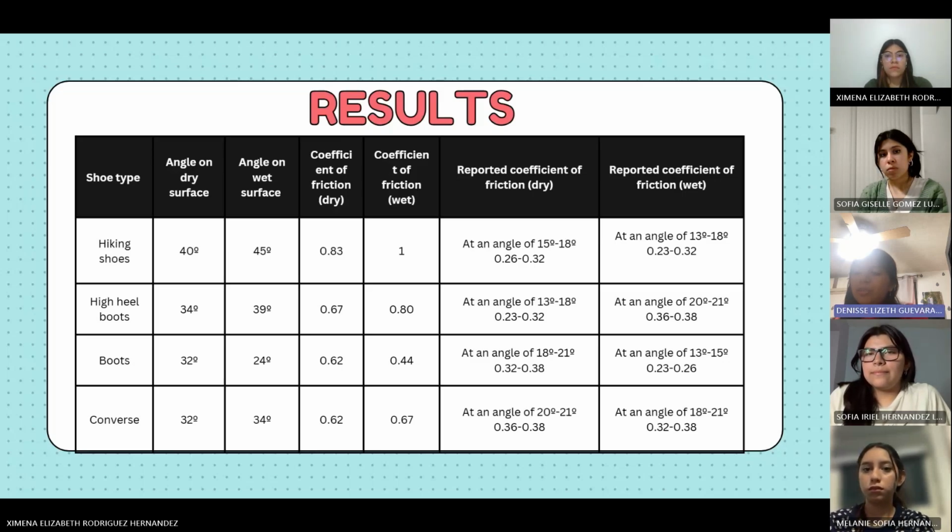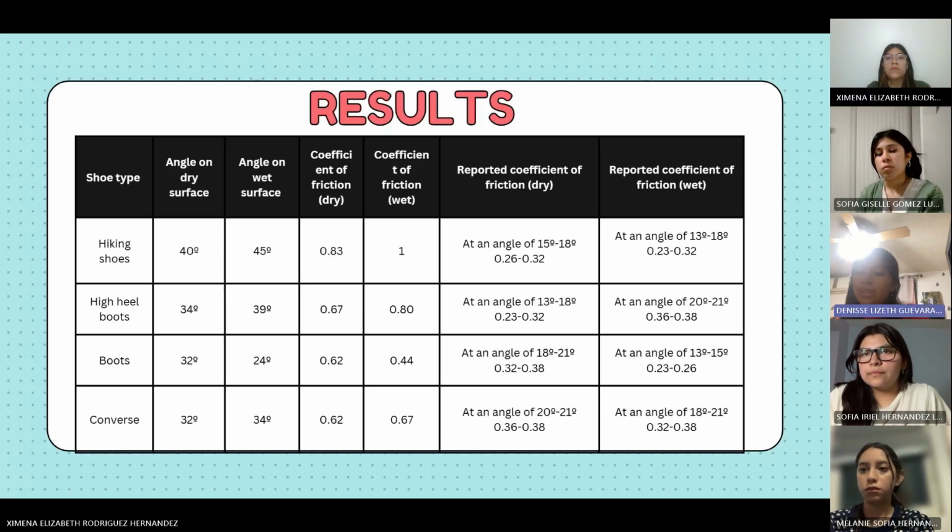The reported coefficient of friction, dry, at an angle of 15 to 18 degrees, is between 0.26 and 0.32. At an angle of 13 to 18 degrees, it is 0.23 to 0.32.